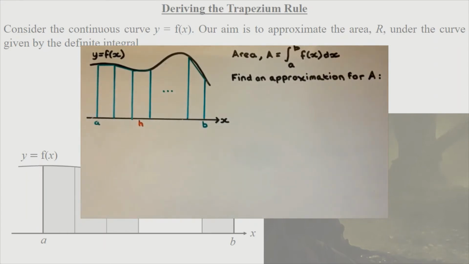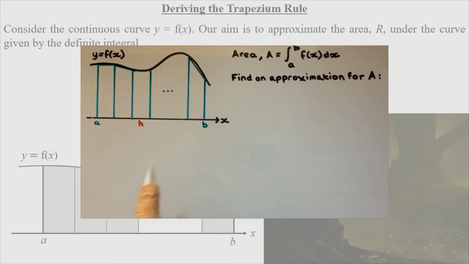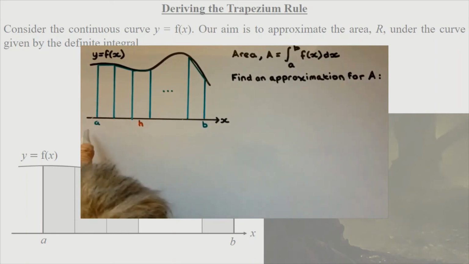How do we find that? Well, we've got a distance that we know. The distance, I'm putting distance in inverted commas there, from a to b in the x direction is clearly going to be the difference between the values a and b.